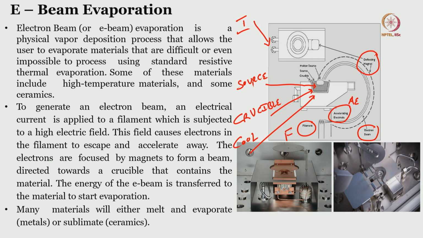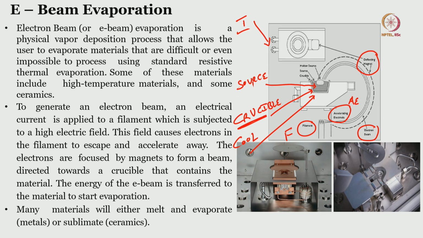These deflecting magnets deflect the E beam, and the E beam gets incident on the source which is loaded into the crucible. So the electron from the filament travels to the accelerating electrode and bends with the help of the magnetic field of the deflecting magnet, and then it gets incident on the source.